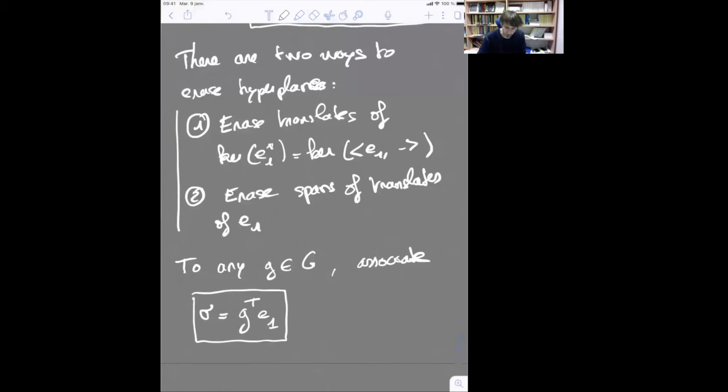And the other one is the first column of g inverse, which is Q. So from now on, sigma is the translate of e1 by g transpose, and Q is the translate of e1 by g inverse.